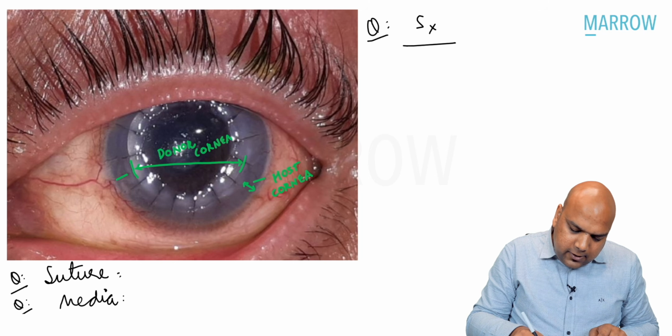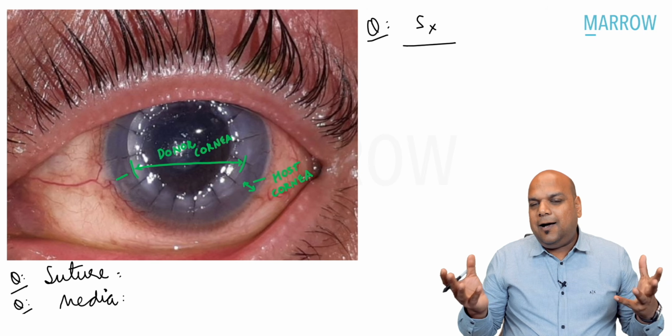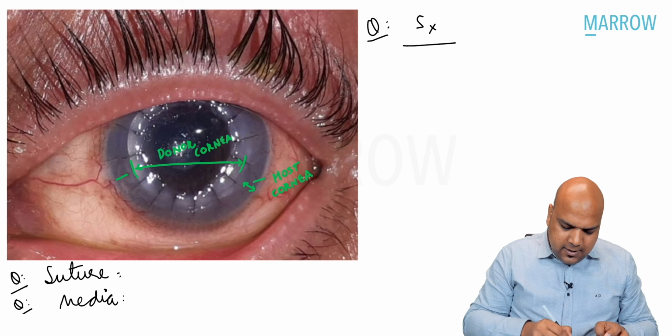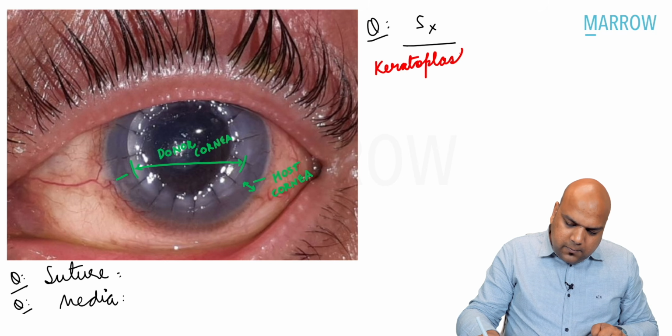Now, what we have tried to do, we have tried to suture the donor cornea with the host cornea. So basically, we are taking a cornea, we are implanting it into another person. So we are talking about which surgery essentially? We are talking about corneal transplantation, or keratoplasty.